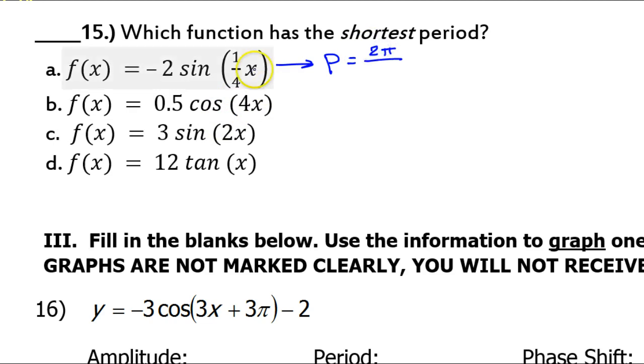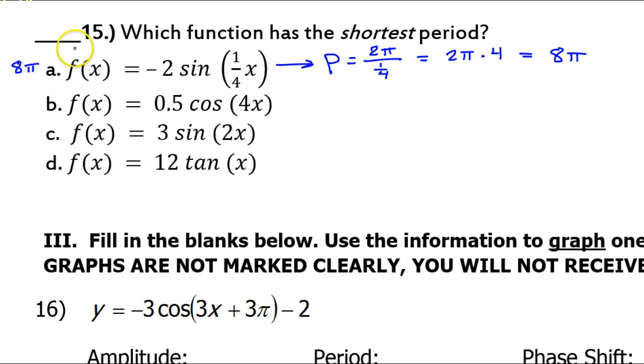So it's going to be 2 pi divided by the b value, which is 1/4. When you divide by a fraction, you multiply by the reciprocal. So this would be 2 pi times 4. So this period would be 8 pi.